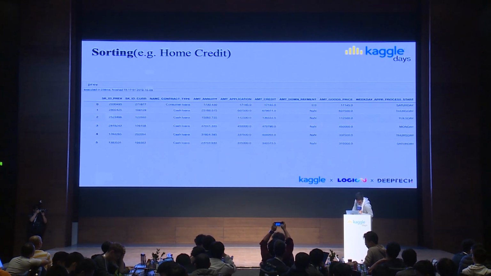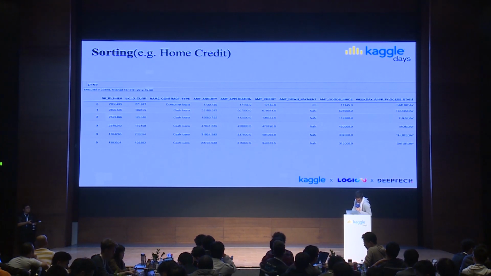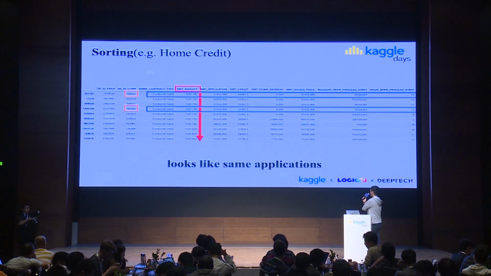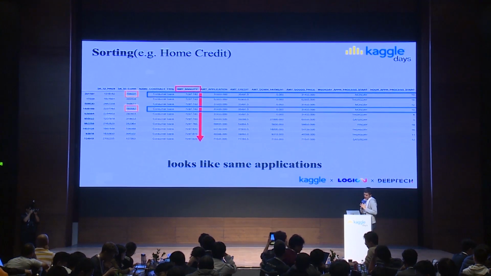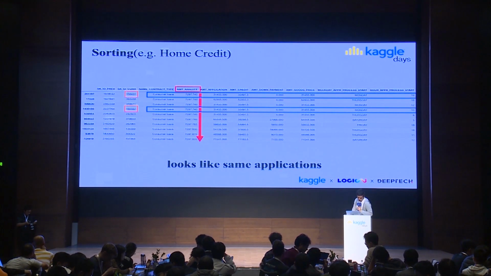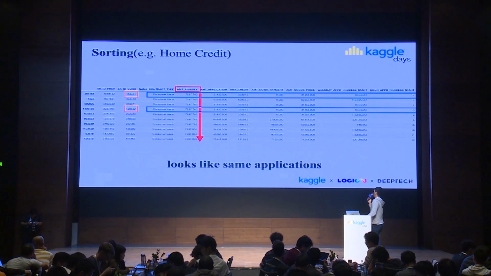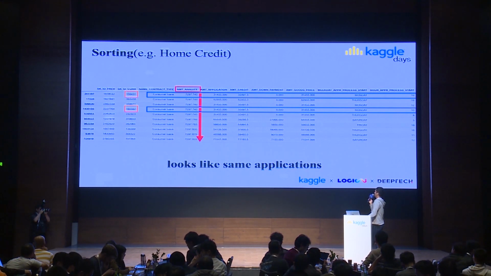We have contract type, annuity, and so on. This data is very interesting because once we sort this data with annuity, we realize that there are some records that look like the same application.